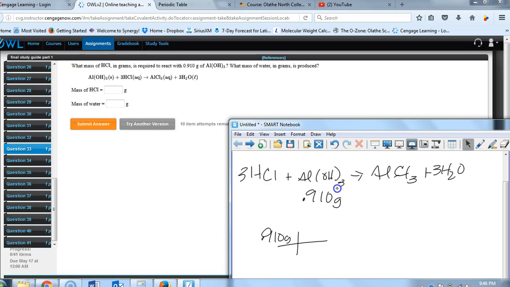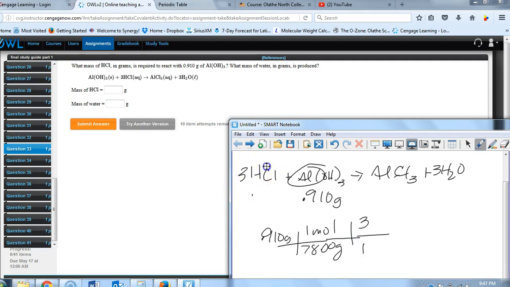Google, what's the molar mass of aluminum hydroxide? 78.00 grams in 1 mole. Okay, we're going from here to here. So my ratio is going to be 1 on the bottom, 3 on the top.